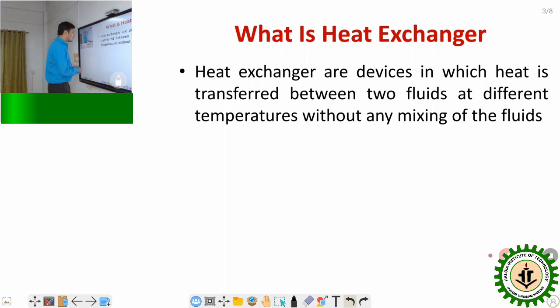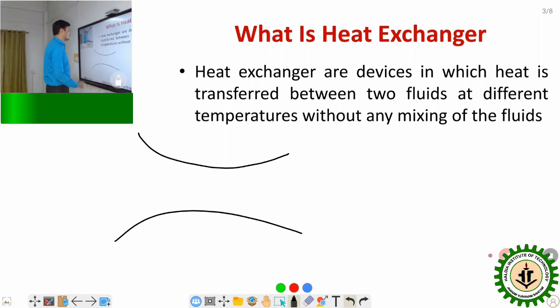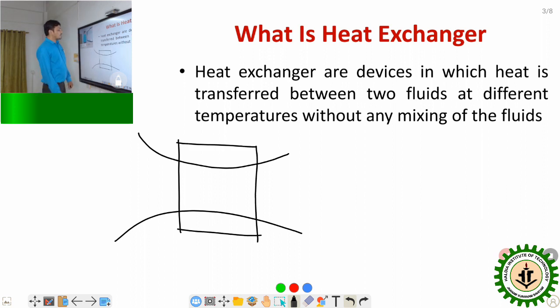So I am just going to draw the typical representation of heat exchangers. Suppose this is a very simple schematic diagram. This one is the heat exchanger.